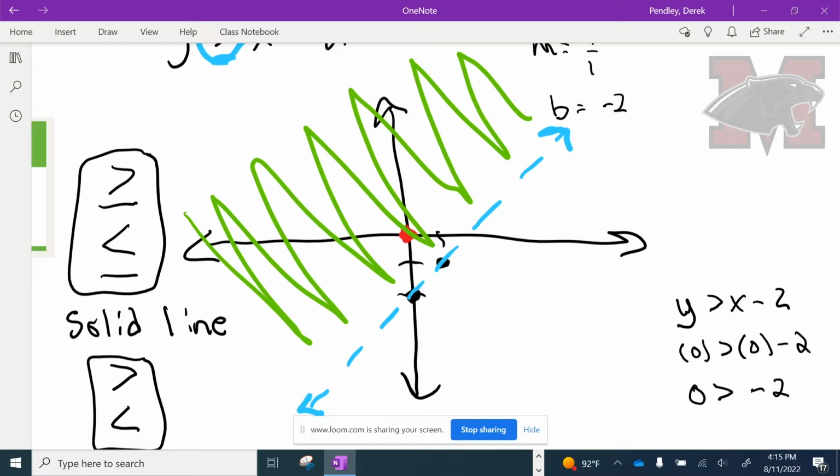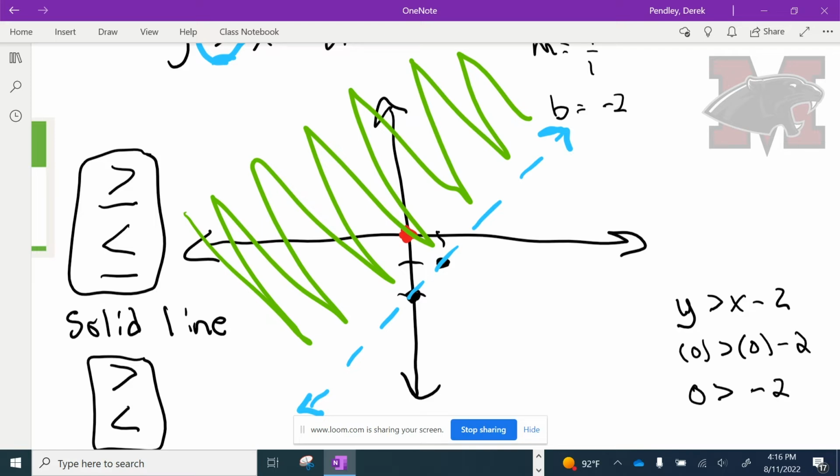Now, I'm going to caution you here. If you plugged in 0, 0 and it was not true, guess what side of the line you'd shade? Think about it for a second. Hopefully you said the other side. Because if I chose 0, 0 as a point to test and it wasn't true, that means that side of the line is false. By default, the other side must be true.